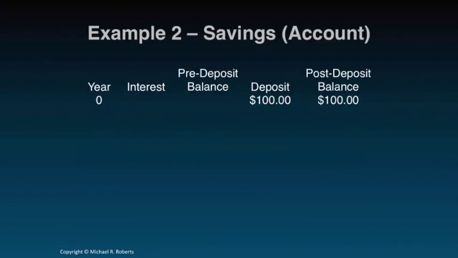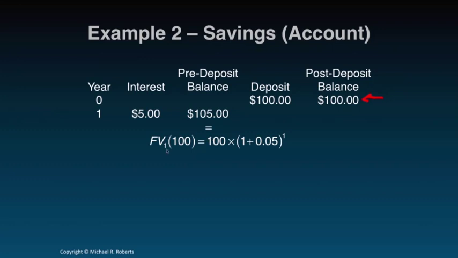Okay. So what's going on here? What's going on behind the scenes? Well, we're going to deposit $100 today. That's going to earn 5% interest and give us an additional $5 at the end of year 1. So our pre-deposit balance, that's before our next deposit, is just $105, which, by the way, is also equal to the future value 1 period hence of the $100, right?